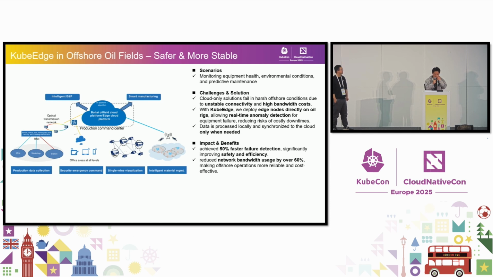So the benefits are: our customers can work in a safer environment, and the oil field systems can remain stable, even if there is no network connectivity between the oil rig and the cloud.